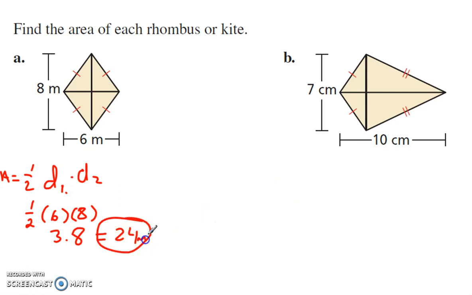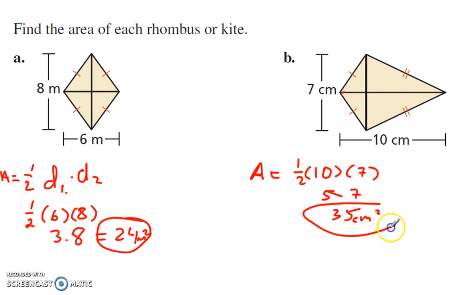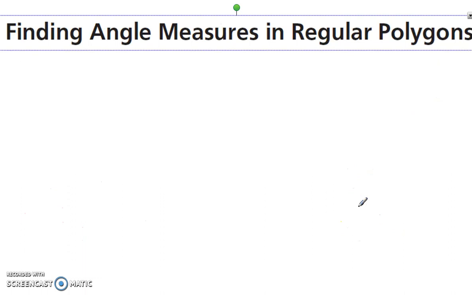Alright, and that's meters squared. Here we go. Area is 1/2 of 10 times 7. 1/2 of 10 is 5 times 7 is 35. Again, centimeters squared. So that's easy peasy.